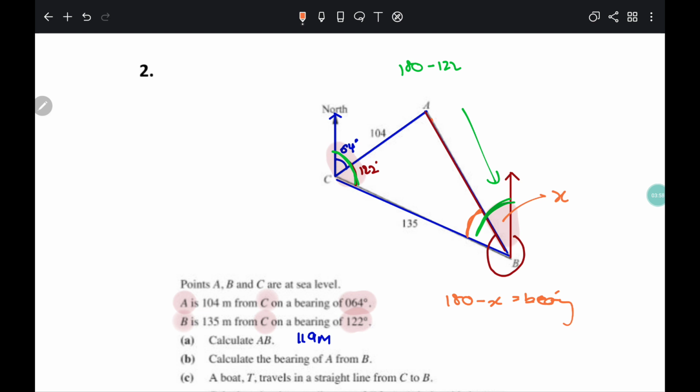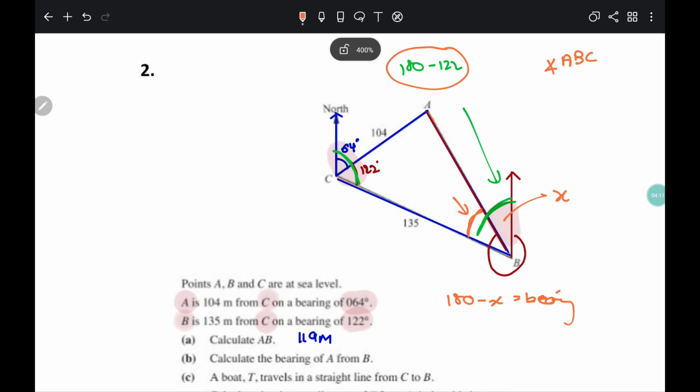Therefore, after finding the green angle, you must find angle ABC so that you can subtract it off to find angle X. I leave that to you. Can you find angle ABC?